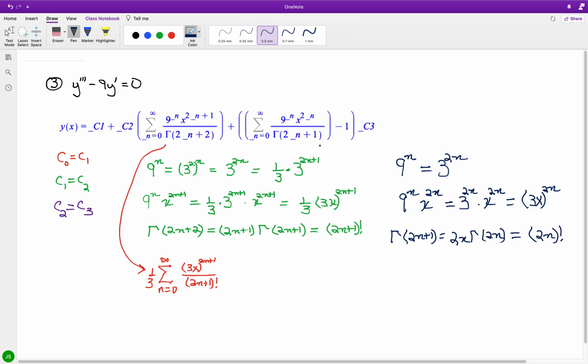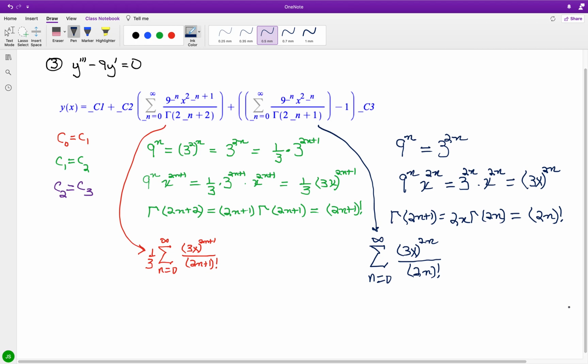And so in the summation part, I have n going from 0 to infinity, and we have the top part 3x to the 2n, all over 2n factorial.